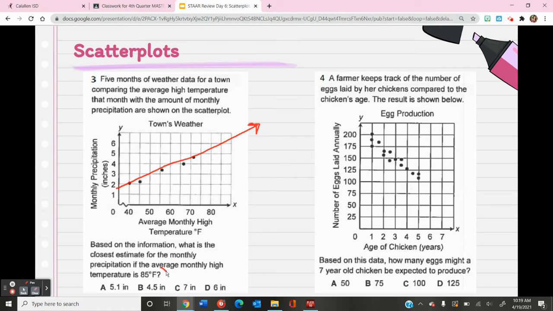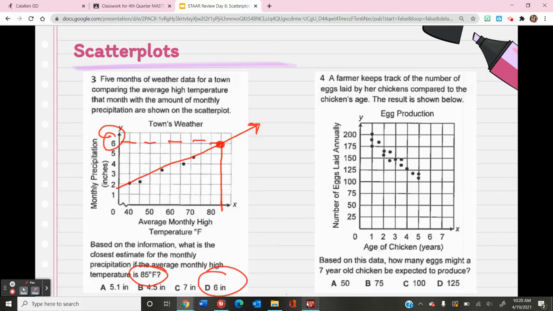So I'm going to go to 85 degrees Fahrenheit. I see 40, 50, 60, 70, 80. This must be 85. So I'm going to go up and hit my trend line. This is where it hits my trend line, and then I want to see how many inches of precipitation have fallen. So going here, I see that the amount of rainfall is going to be 6 inches, which is D.